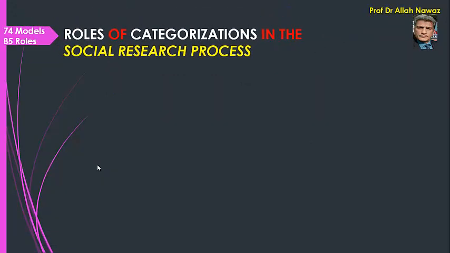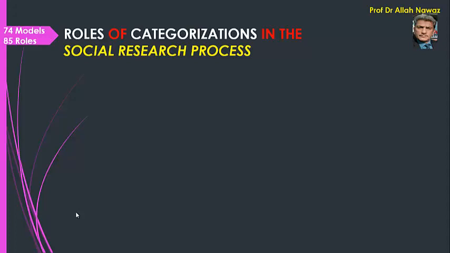So that was the categorization of the Hayes models, 74 models, into 3 groups of indirect effects, conditional direct effects, and conditional indirect effects. Now let's think about the roles of categorizations in the social research process. In the very beginning, I said that the purpose of this categorization is not some kind of absolute classification.